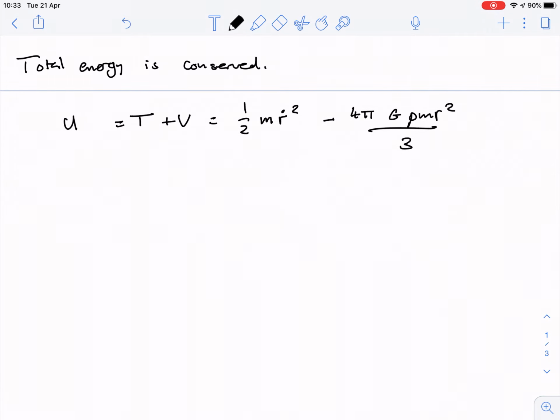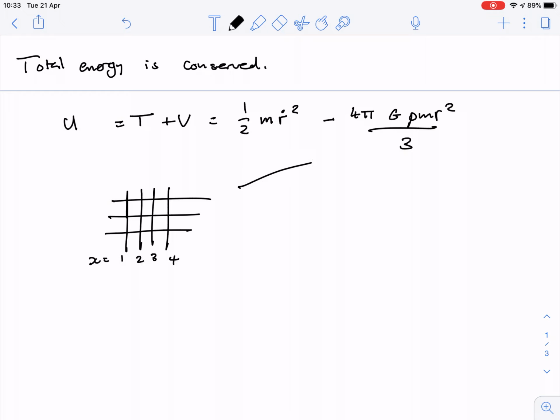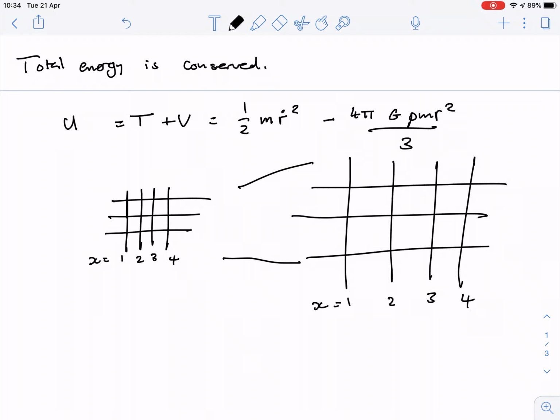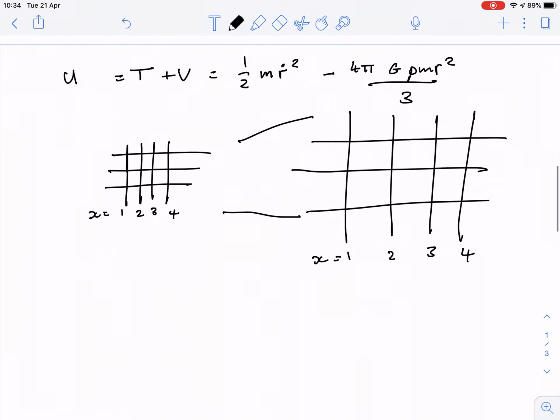And so what we're going to do is make a switch to something called comoving coordinates. So if, for example, I have a set of coordinates here, and here I have x equals 1, 2, 3, 4, and then they're in an expanding universe, so the universe expands, my choice is that I'm still going to have x equals 1, 2, 3, 4, even though actually my physical distance has increased.